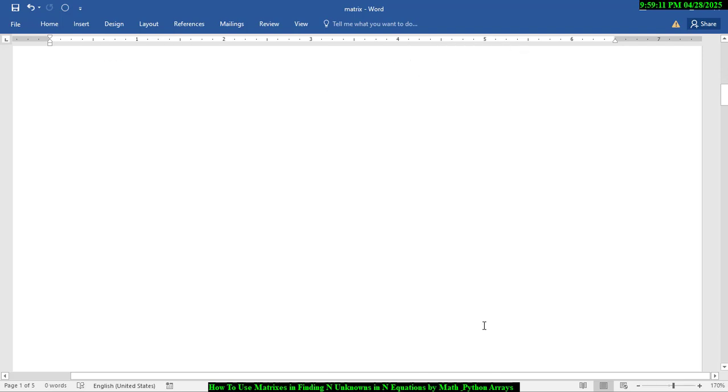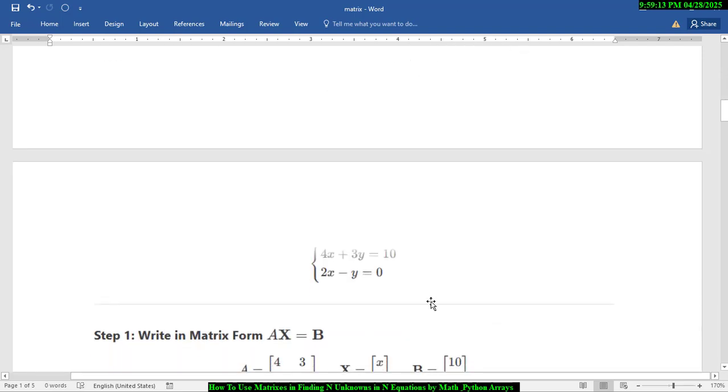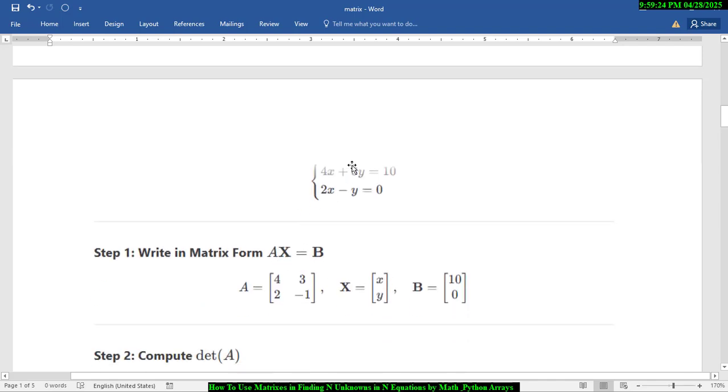Let's give you an example to do this. We have this equation: 4x plus 3y equals 10 and 2x minus y equals 0. So these are the coefficient matrix: 4, 3, 2, minus 1.